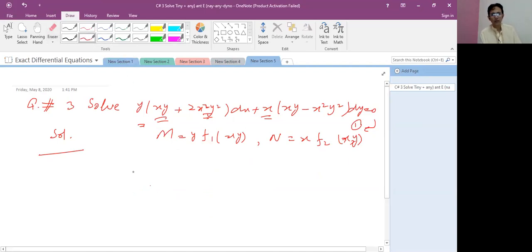Then after that, we will divide the whole equation by xy. So it means when we divide here, xy divided by this, it is 1.